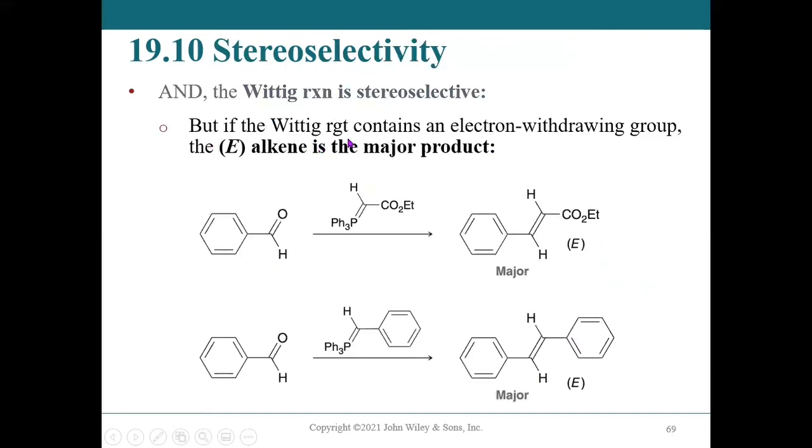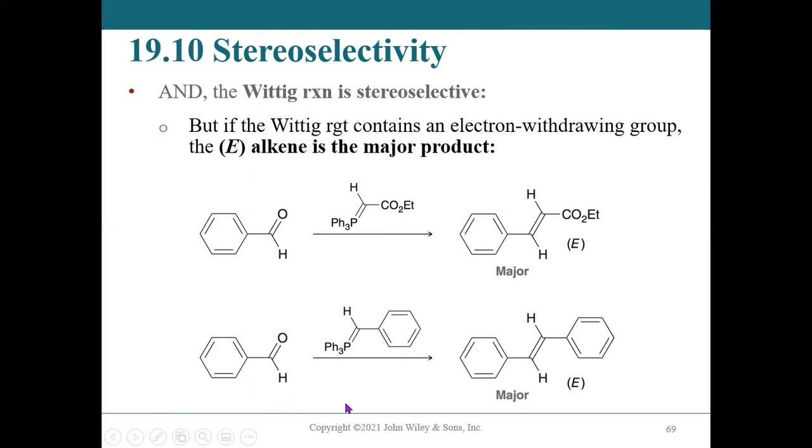And if the Wittig reagent contains an electron withdrawing group, then the E alkene is the major product. Here this is the ylide, and it has the electron withdrawing group CO2Et. As a result, this E configuration is the major product.